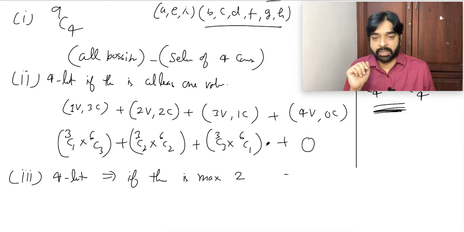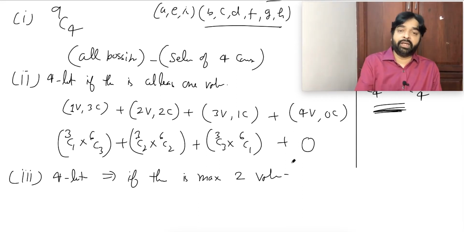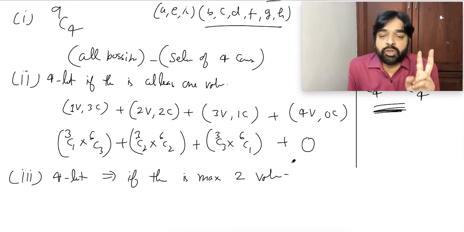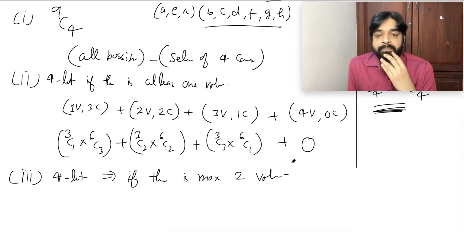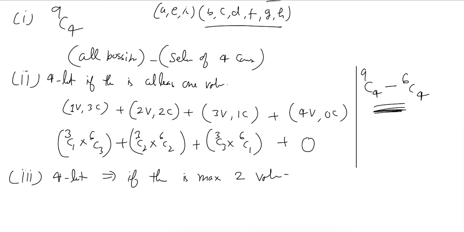Maximum 2 vowels. In how many ways can I select 4 letters so that in every selection, maximum 2 vowels are there? Calculate the final value and answer me.